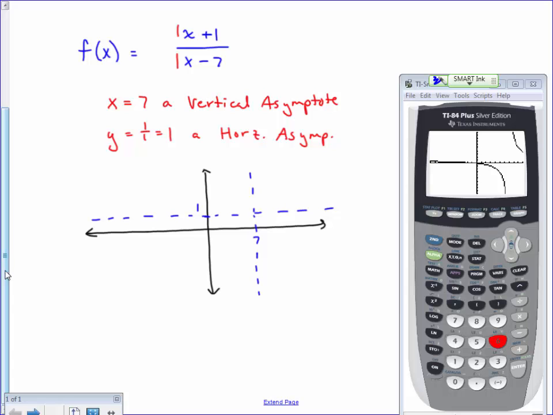Looking at our graphing calculator, we can see what our function does. It kind of forms a C-shaped type graph over here, and then it comes from above, and it actually kind of looks like it goes down through 0 and then goes down and loops below. Okay, so there's the basic idea for the graph of the function.